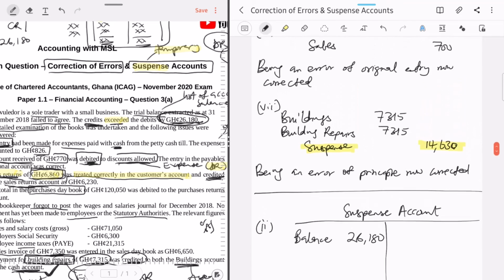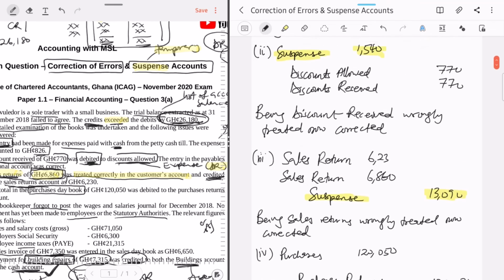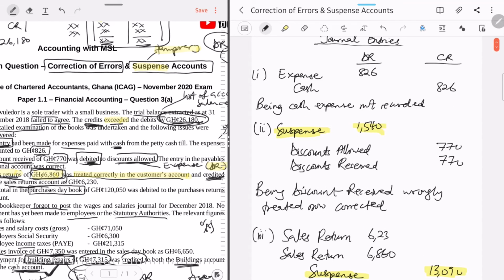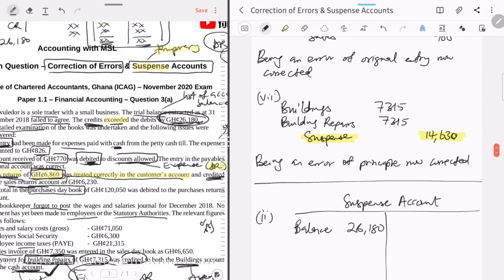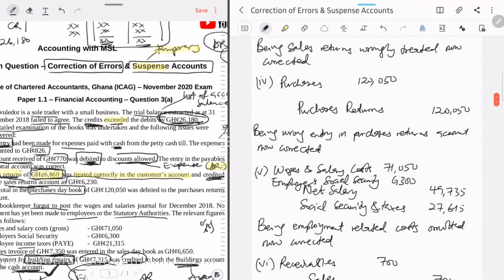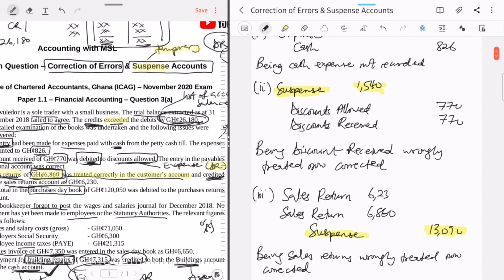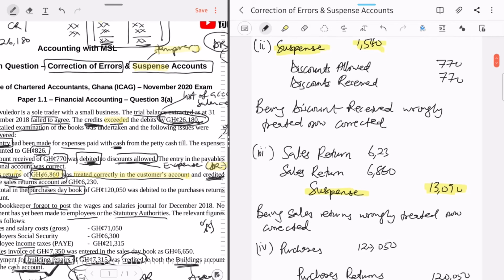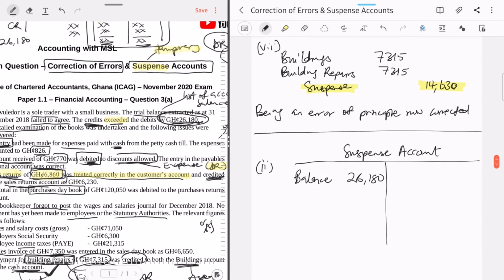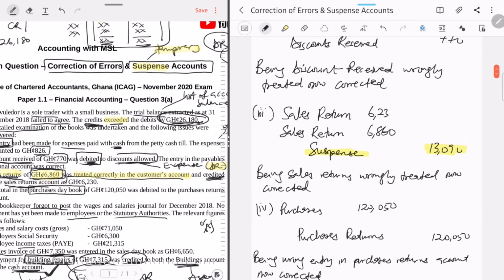Next thing, like I said, is what? Let's go to all the highlights. First one, suspense was on the debit of what? 1540. So I just come here and I say, let's even use the numbers. This is error II, suspense on the debit side of 1540. I'm done. Let's go and look for the next one.